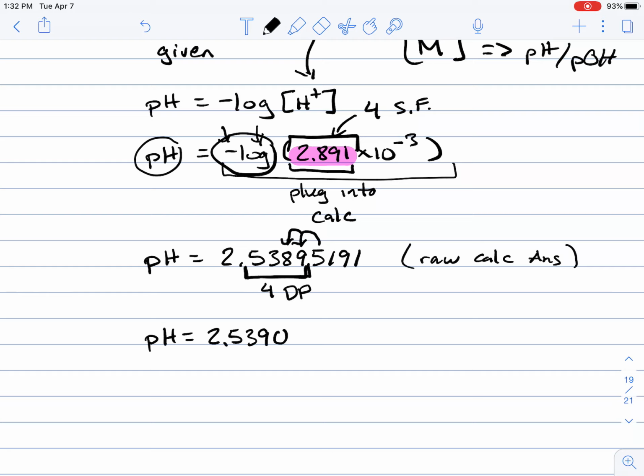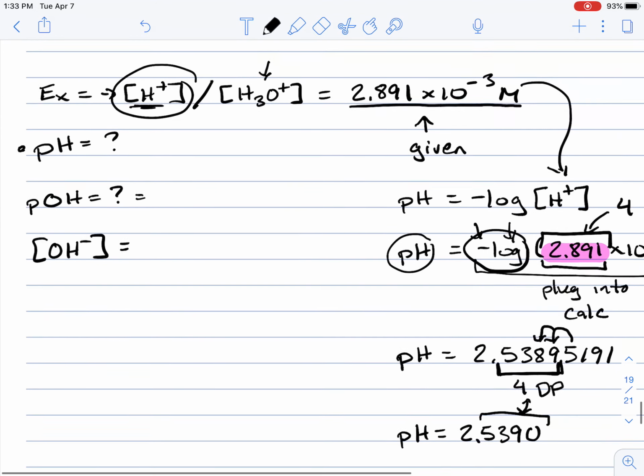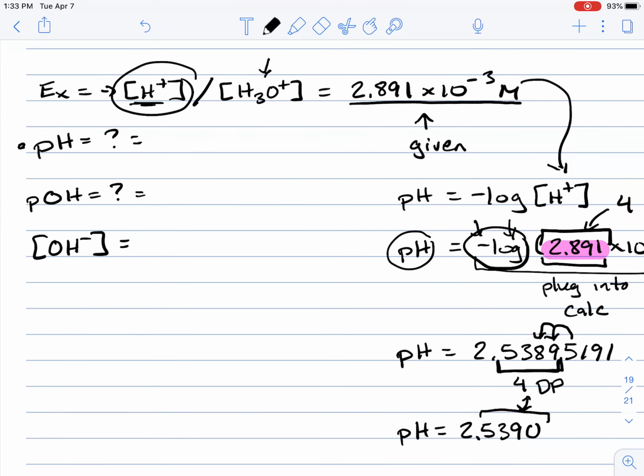Once again, notice how I have 4 decimal places. And so this is going to be the pH of my solution. Okay, so I'm going to write that over here. I've now solved for the pH, and that's 2.5390.